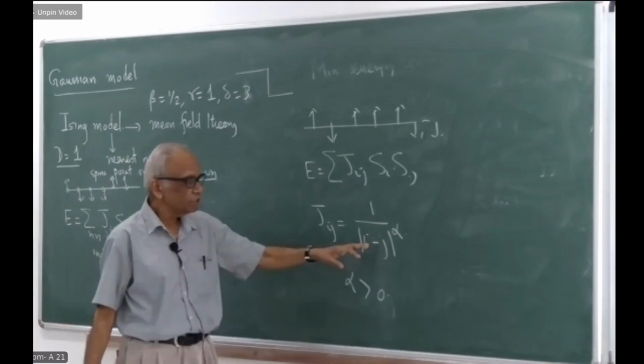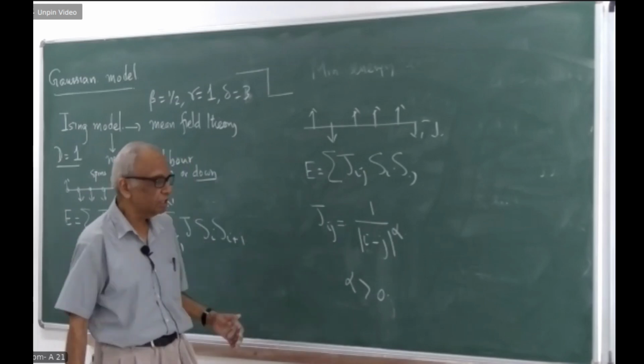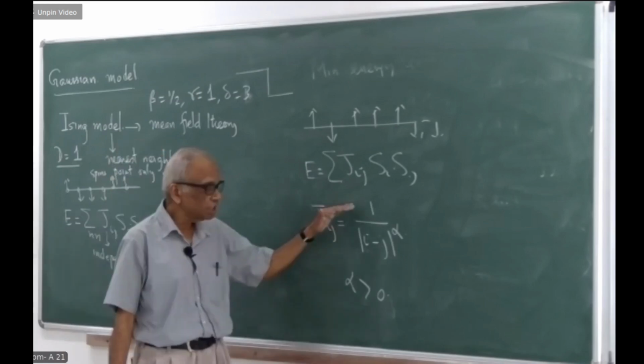The situation which we dealt with was absolutely short range, meaning that i and j had to be nearest neighbors. So I'm changing the nearest neighbor to a falling away interaction, high when the particles are close, and so alpha is greater than 0, J_ij goes as i minus j.